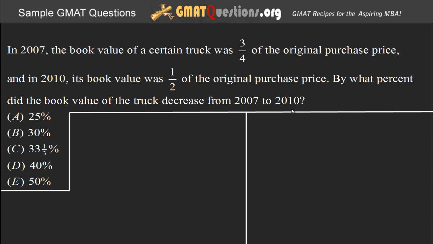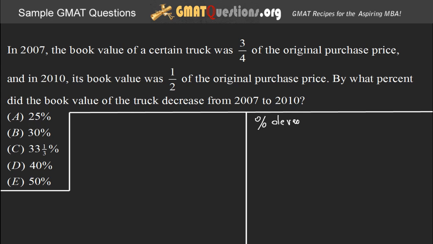Okay, here we now have a percentage decrease because we went from 3/4 to 1/2, which is a smaller number. In the previous question, we had a percentage increase. Now let me give you the formula for a percentage decrease.